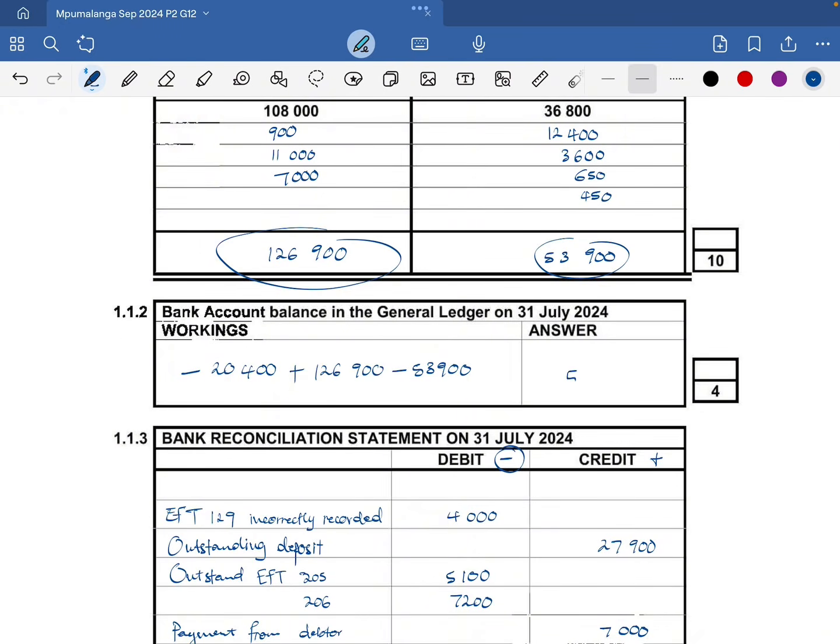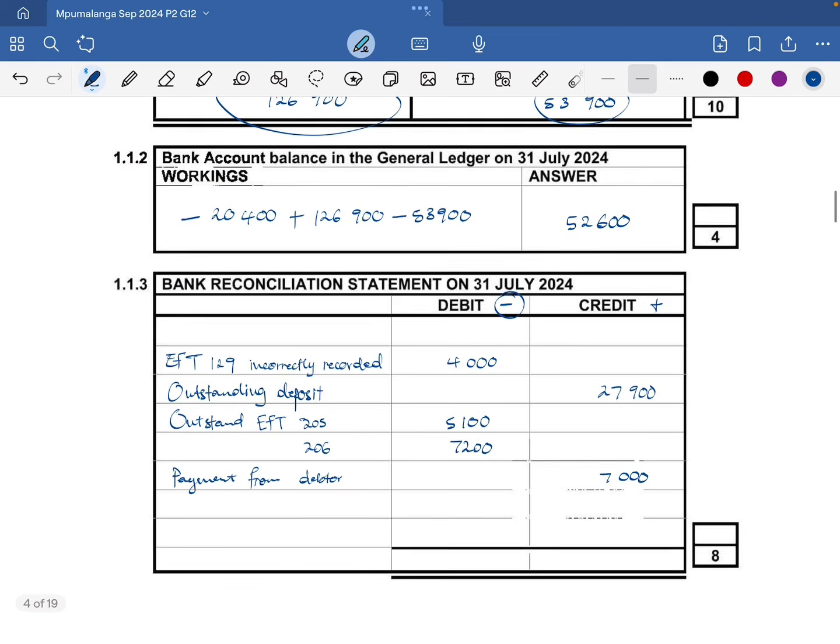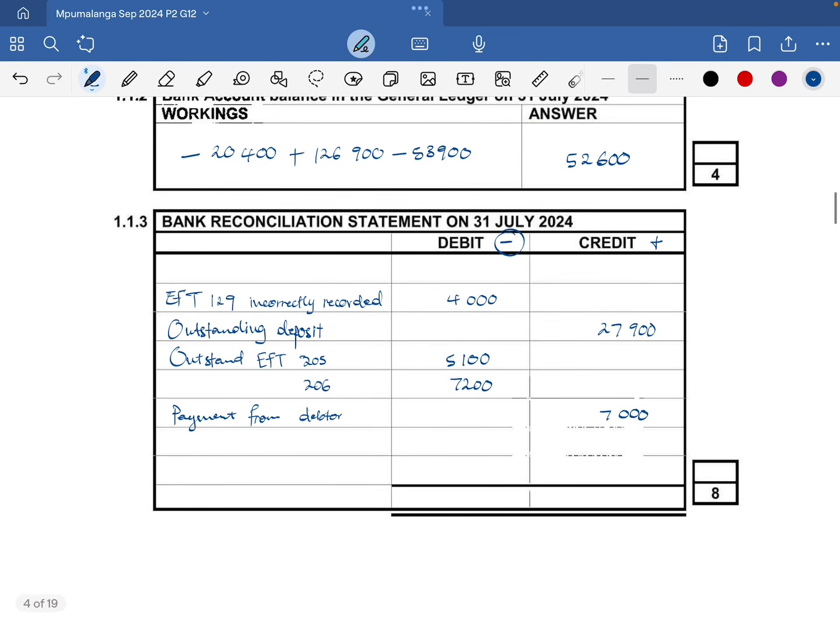That gives 52,600. Okay, so now that we have done all of that, we can move to our bank recon and sum it up also. So here we could maybe have the balance as per bank account.